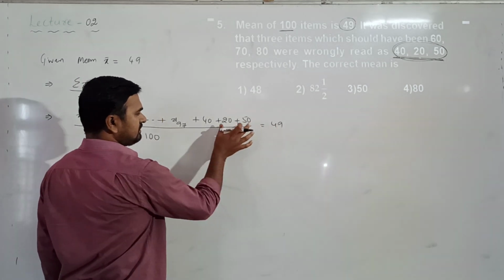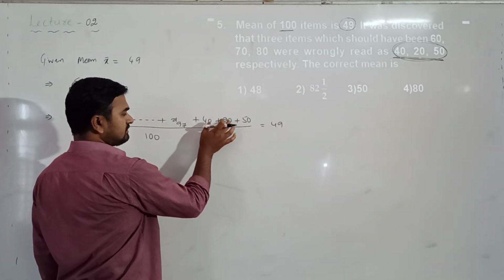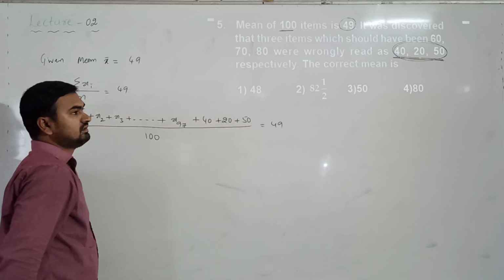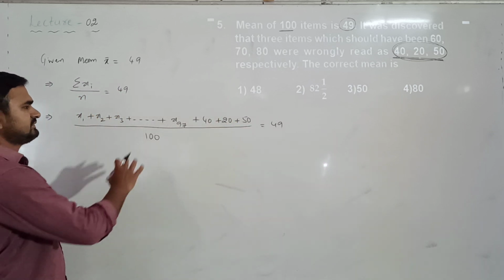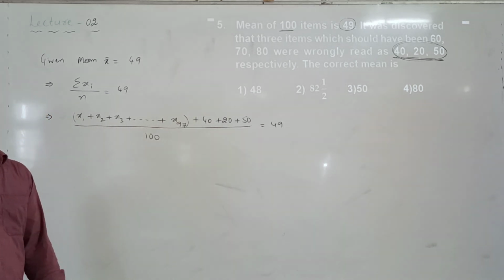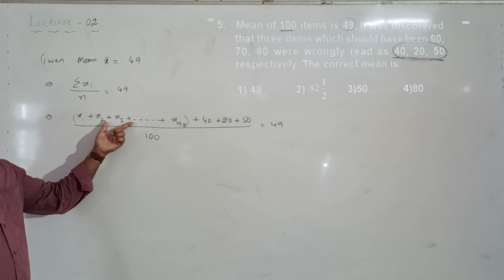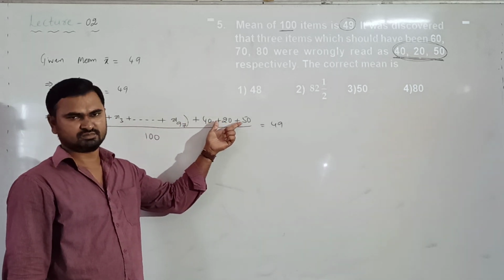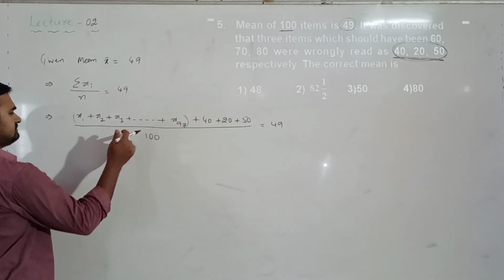49 is the mean by taking those 3 wrong readings as 40, 20 and 50. Now from this, can you find the value of the sum of 97 observations? These observations are correct. Only these 3 are wrong. So from this, let us find what this value is.